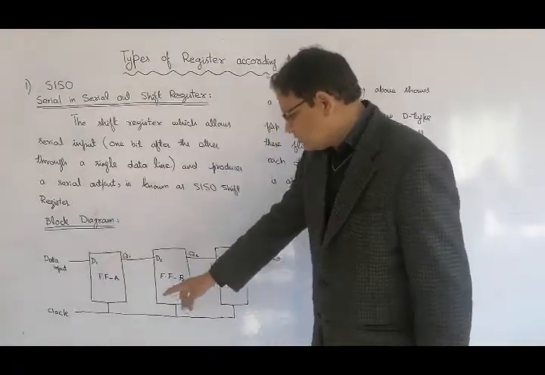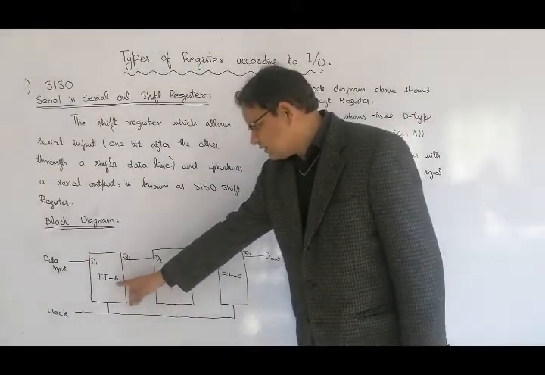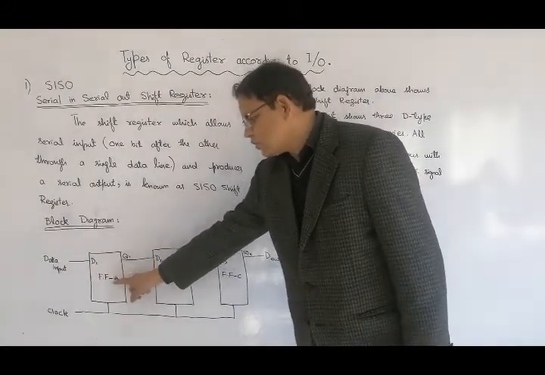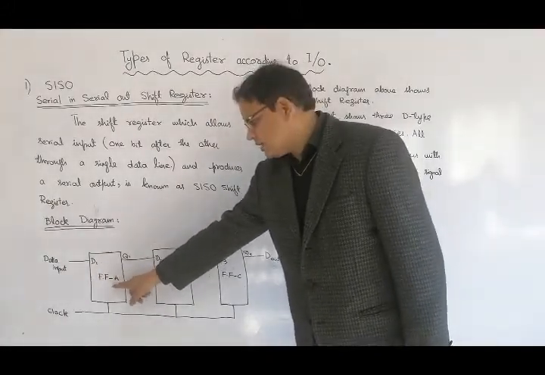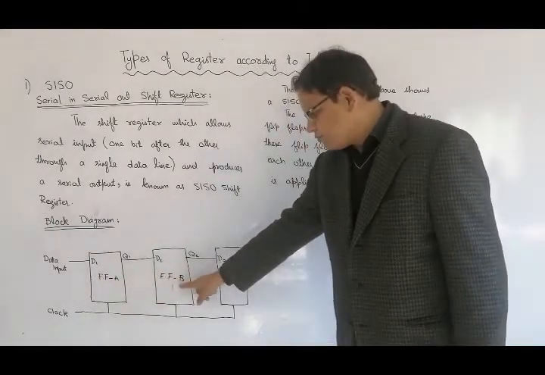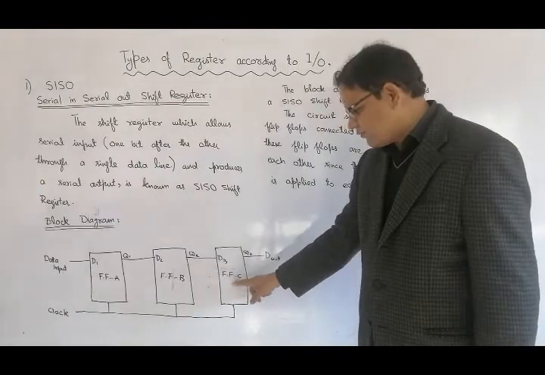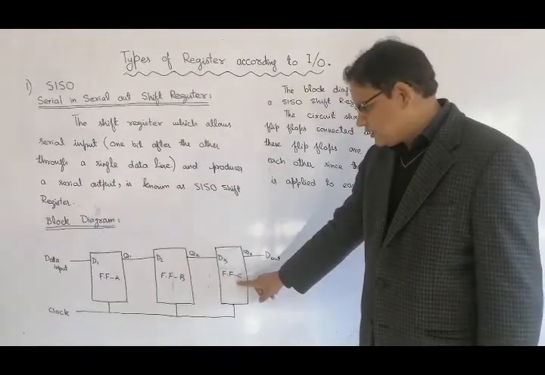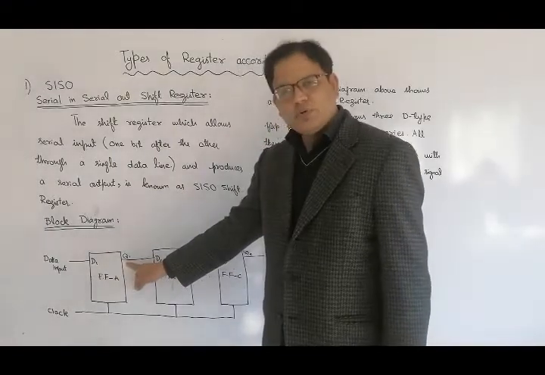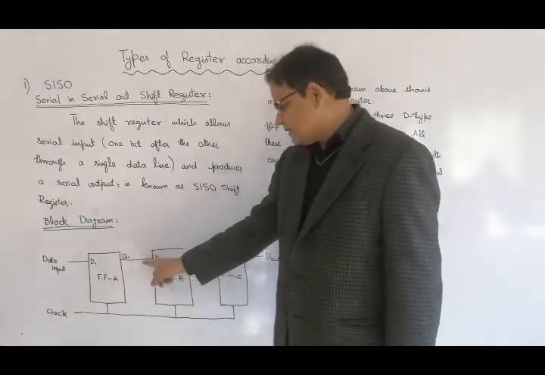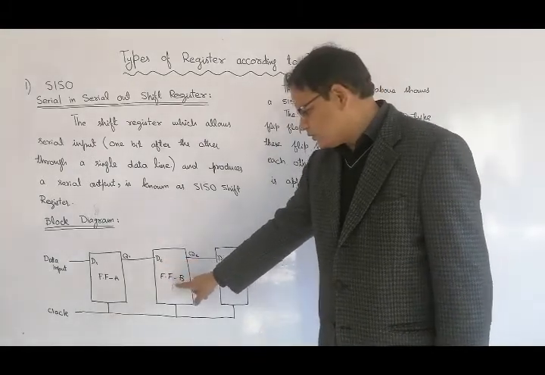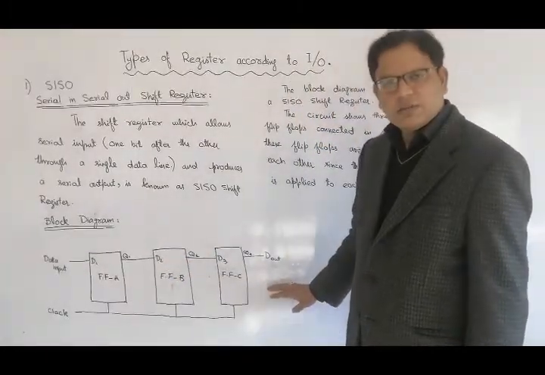The block diagram here shows that data input is entering into a D-type flip-flop, called FFA, meaning flip-flop number 1, then FFB, flip-flop number 2, and FFC, flip-flop number 3. The output coming from the D input serially is the input of the D of flip-flop number 2, and the same happens again over here.